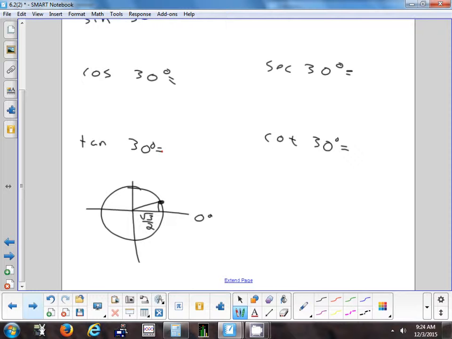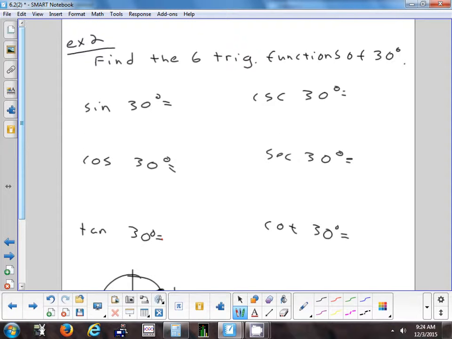What's the smaller number? The 0.5, or the 1/2. So now this tells me my x is root 3 over 2. My y, my height, is a 1/2. Okay, so just write your coordinate somewhere. And now we go through all 6.